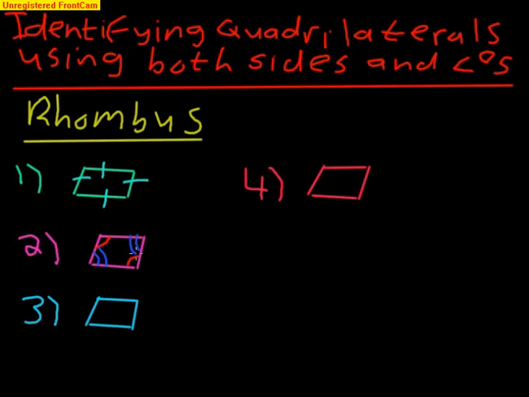So we have two pairs of opposite angles that are equal, and then a pair of adjacent sides needs to be equal. So this side here and this side here, if they are both equal and both the opposite angles are equal, it's enough information to classify it as a rhombus.